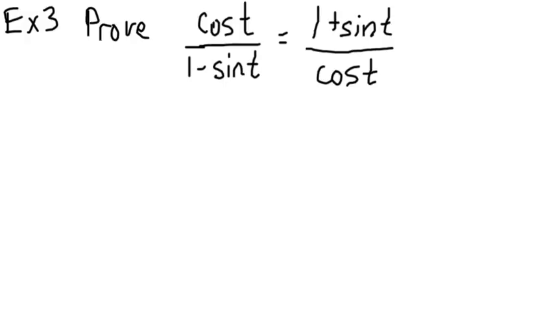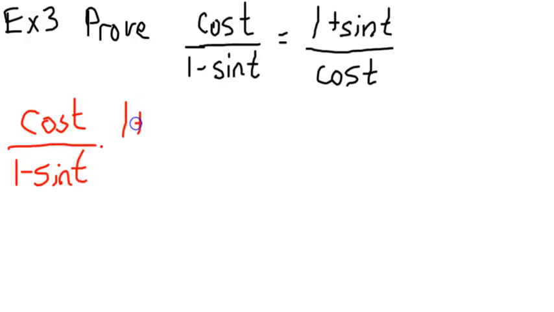So that is slightly more difficult to work with. So we're going to start with cosine of t over 1 minus sine t. And I'm going to multiply this fraction by 1 plus sine of t over 1 plus sine of t.